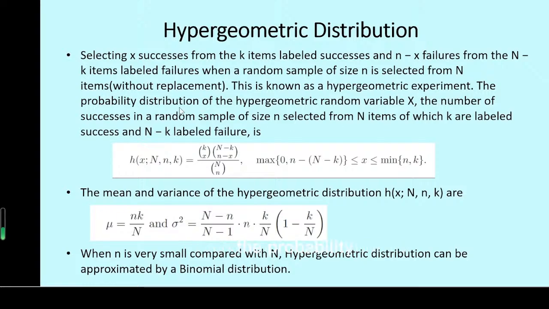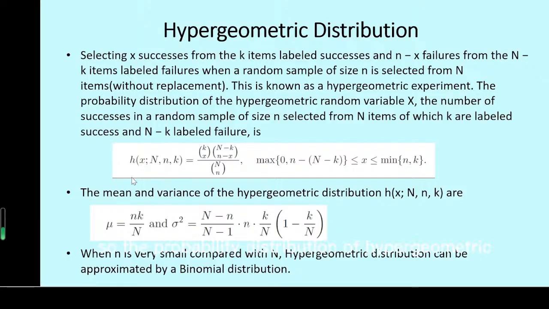The probability distribution of the hypergeometric random variable X is the number of successes in a random sample of size n selected from N items, of which k are labeled success and N minus k are labeled failure.